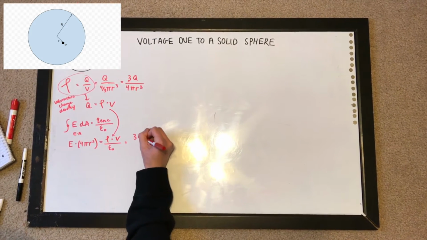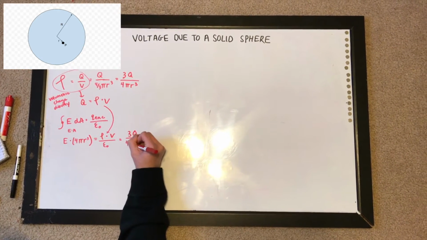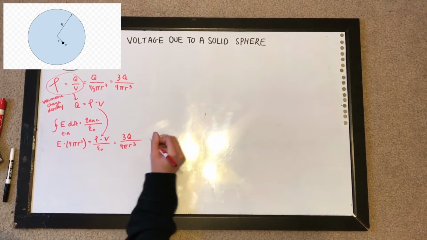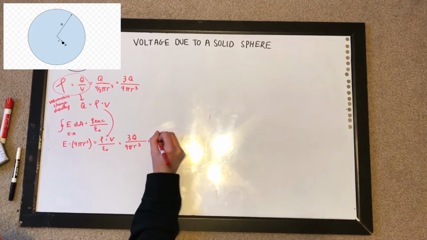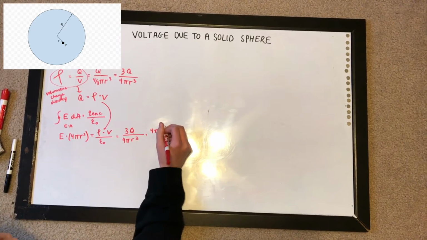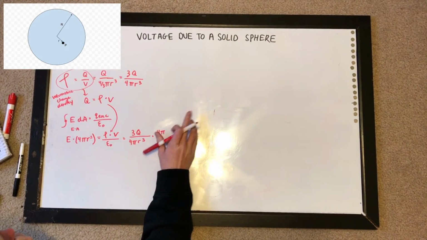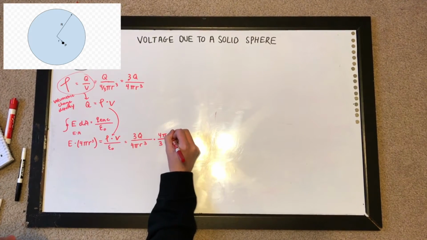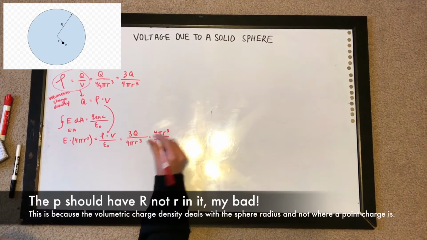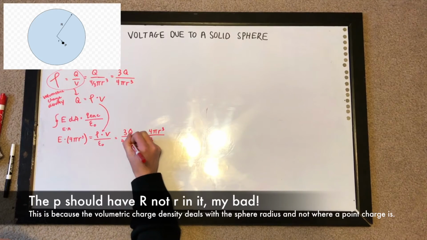So then plugging in what we derived for the volumetric charge density, we get 3Q over 4 pi r cubed times the volume, which is just equal to 4/3 pi r cubed, times 1 over E naught.